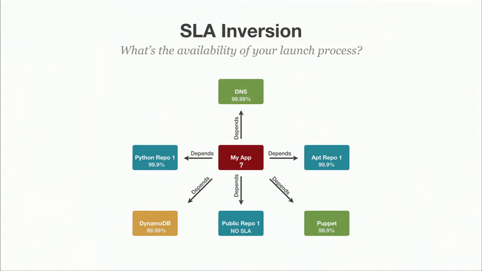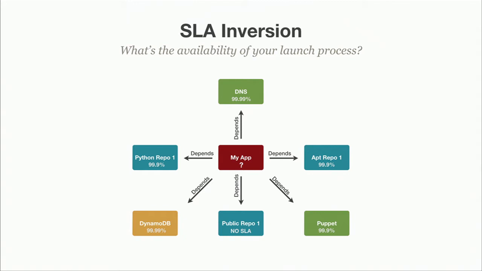Which leads me to one other point about SLA inversion. If you've ever read the book Release It by Michael Nygard, he has a really good chapter about SLA inversion. The basic premise is that the availability of your service, and I'm using the machine image building process in this example, is dependent on the services you depend on to actually do that task. In the fry-based model, you might have a lot of dependencies.